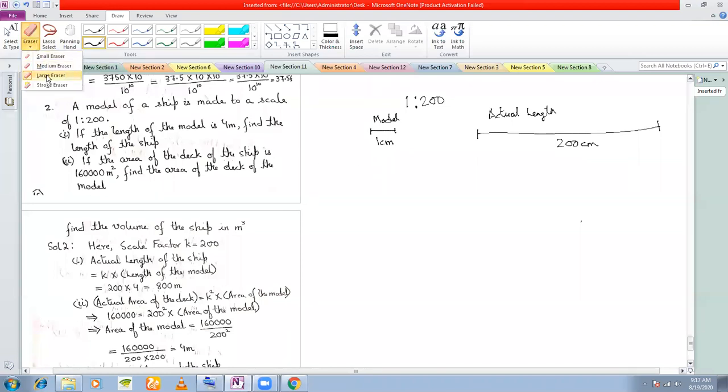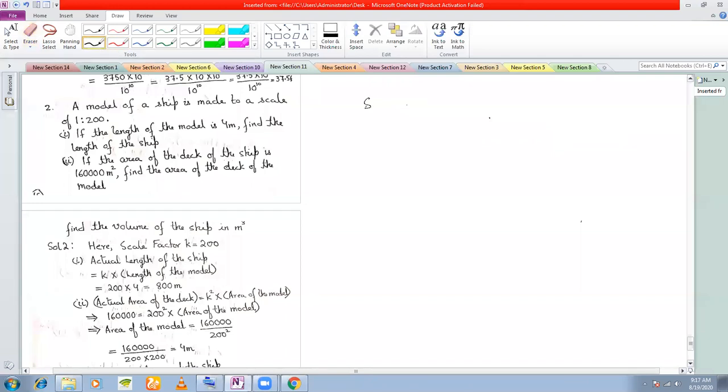So the scale factor here is 200. So we start here. Scale is 1 is to 200, scale factor 200.